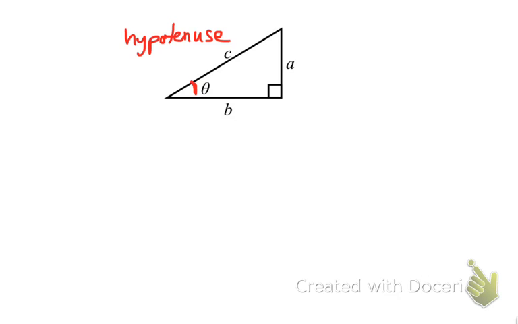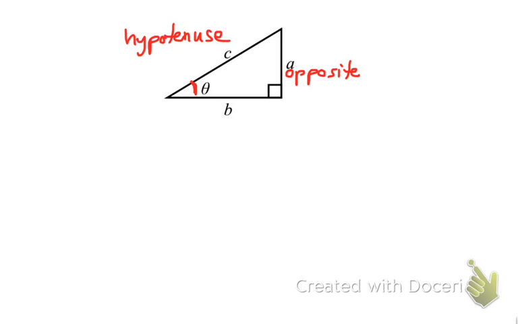The 2 other side lengths that aren't the hypotenuse are called the legs of the right triangle. The legs we label based on their position relative to theta. Side A is opposite the angle theta. It's on the far side of the triangle, across from theta, and so its position makes it the opposite side.